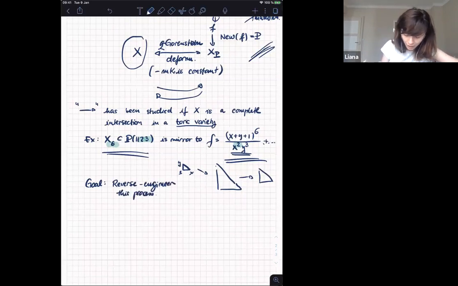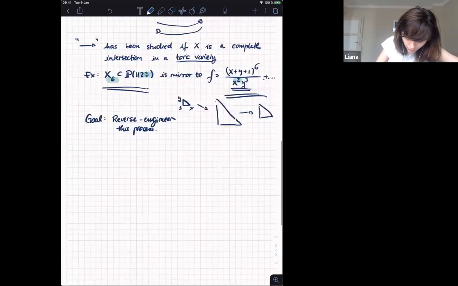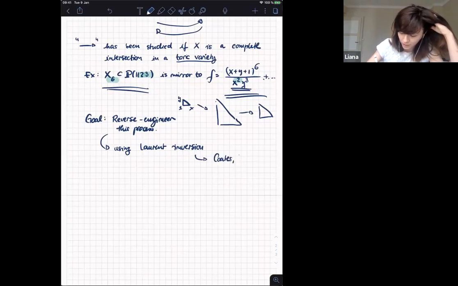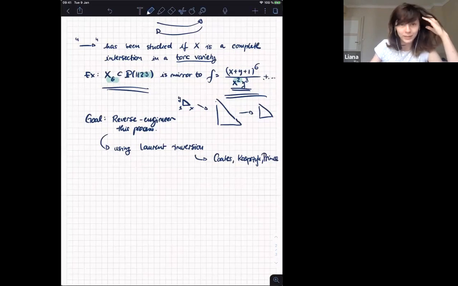Okay, how? So using, as the title says, what is called Laurent inversion. Laurent inversion is something that appears in a paper of Coates, Kasprzyk, and Prince, but independently, and I think a little bit earlier even, kind of the same method has been done in a paper by Doran and Harder.